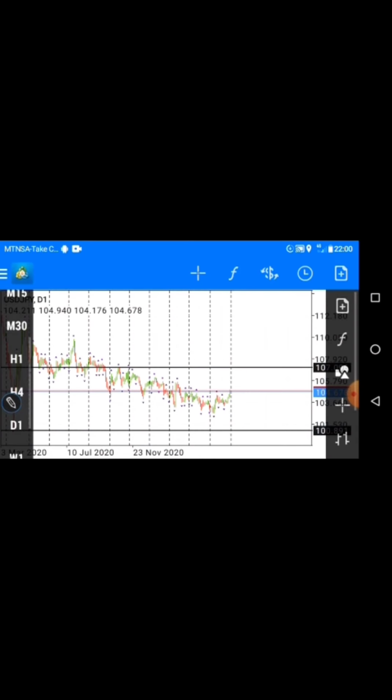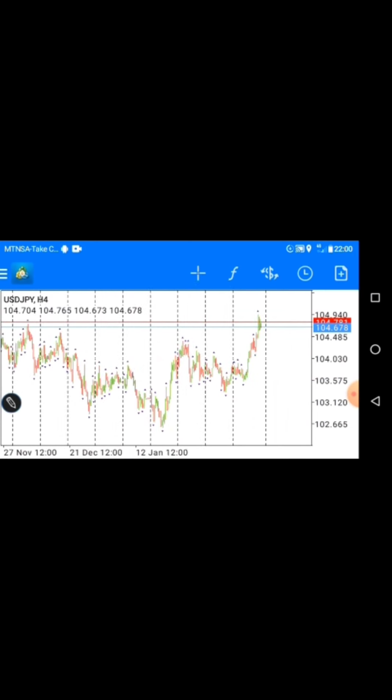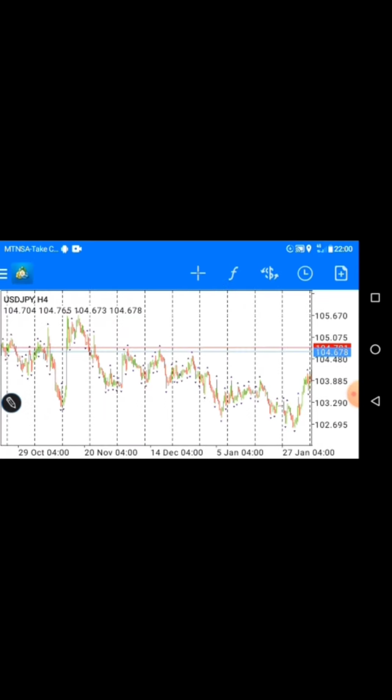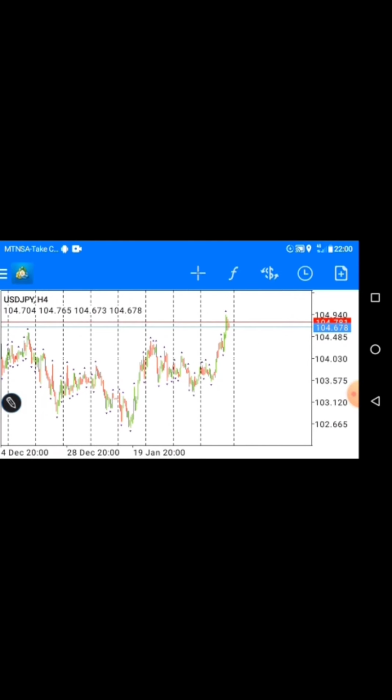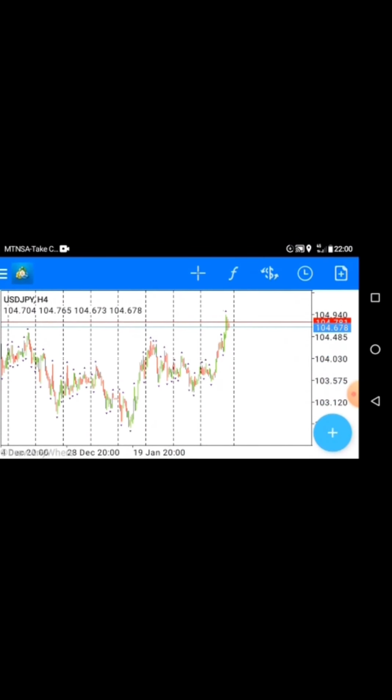Let me quickly switch to the 4-hour time frame. Here it's still going up, but like I said, we're just waiting for one thing to play out. We're waiting for the market to go down to our level, then continue going up.